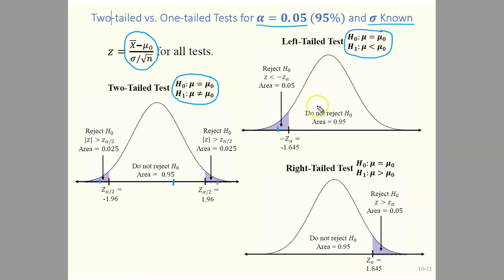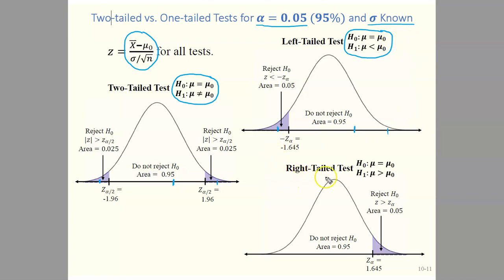Otherwise, if your test statistic falls in this region, like right in here, then you fail to reject the null hypothesis. Even if your test statistic falls way out here to the right, you still fail to reject the null hypothesis. Only if your test statistic falls in the left tail do you reject the null hypothesis in this case.